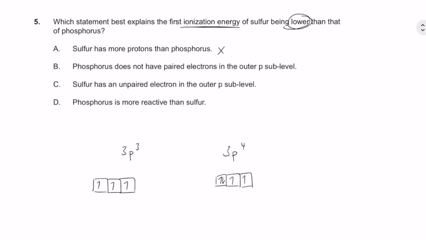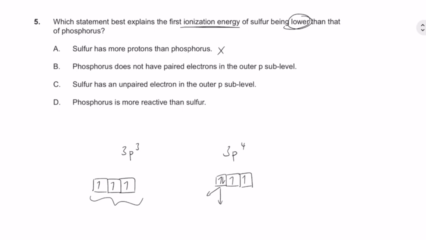So B is a potential correct answer because what we do know about paired electrons, which is the case here for sulfur, is that they would repel each other more than unpaired electrons for phosphorus. So that means that because they're more easily repelled in sulfur, they would have a lower ionization energy because it's easier to remove the electron. So B is a potential answer.